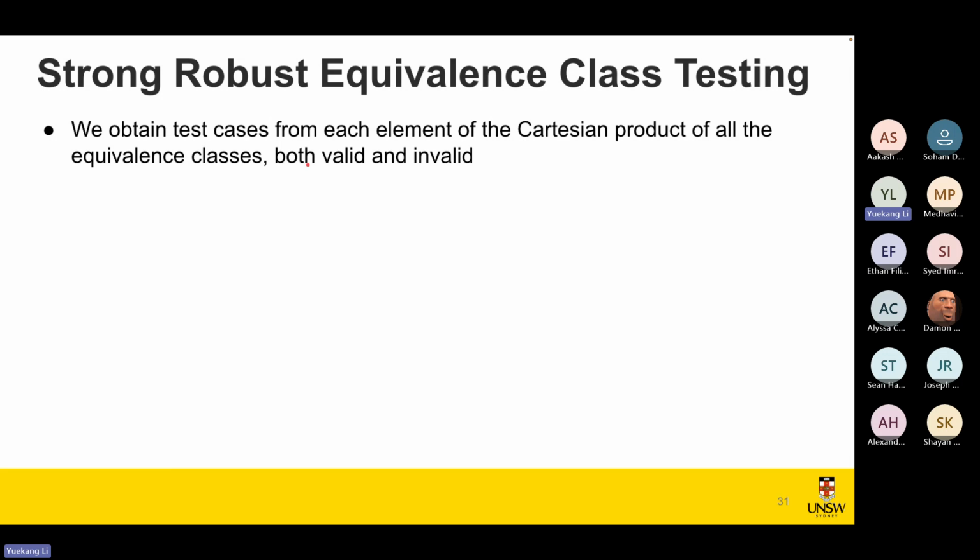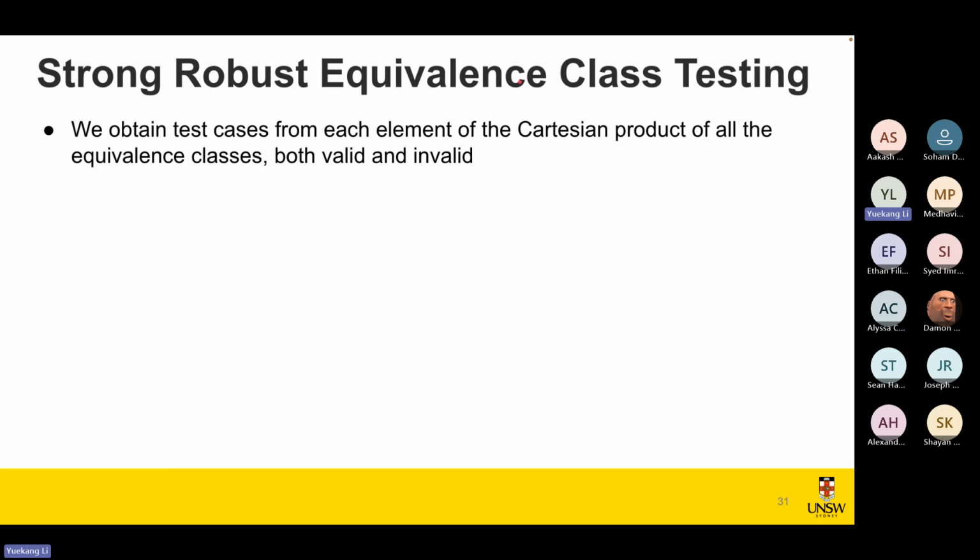And strong robust equivalence class testing is to test all the permutations of all the equivalence classes, both valid and invalid, and we don't have this restriction of only allowing one equivalence class to take the invalid value.